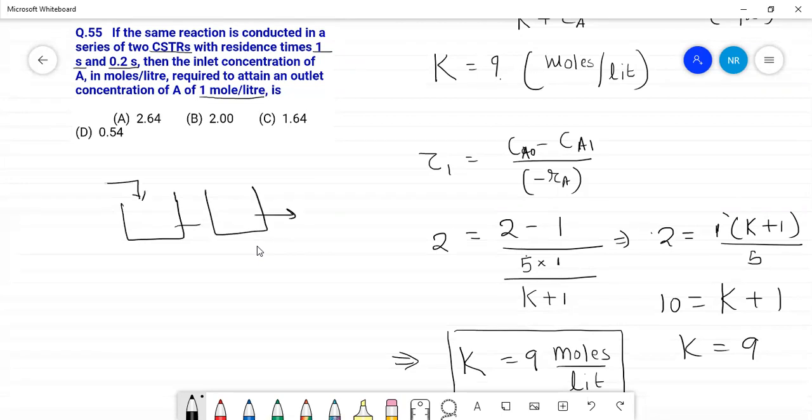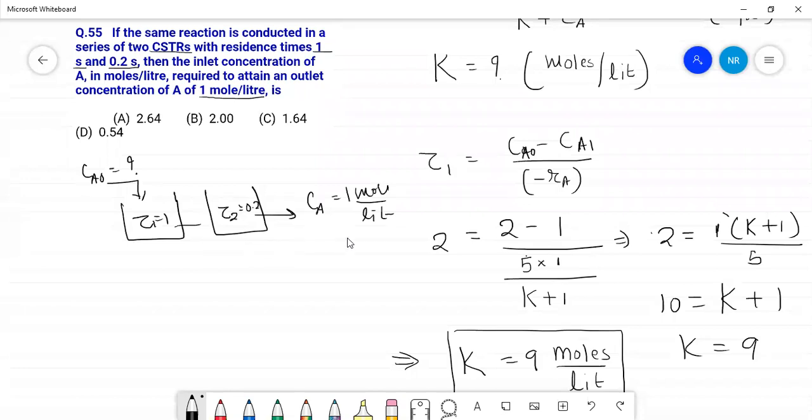At the time, Ca final is given, 1 mole per liter. But how much we are introducing here, that we have to find out. Here tau 1 is given as 1 second, and tau 2 is given as 0.2 second. It means both have a different volume.